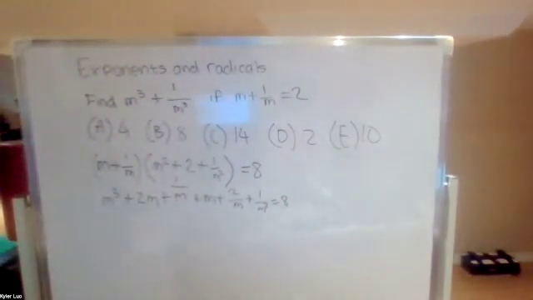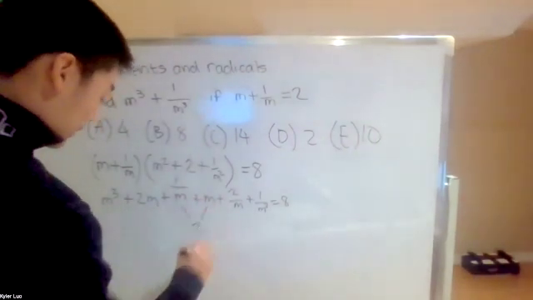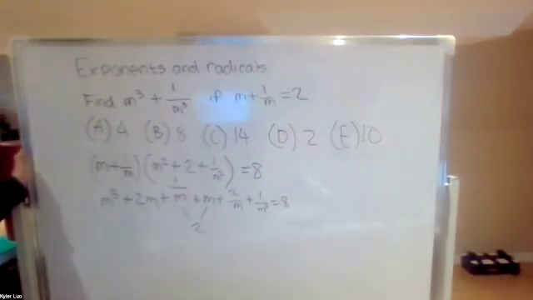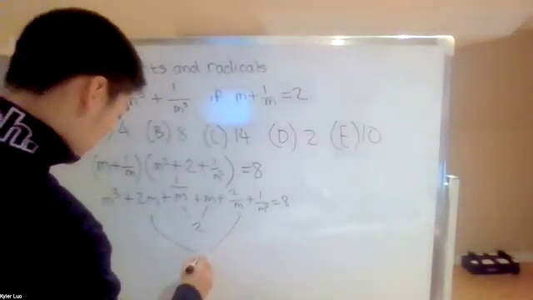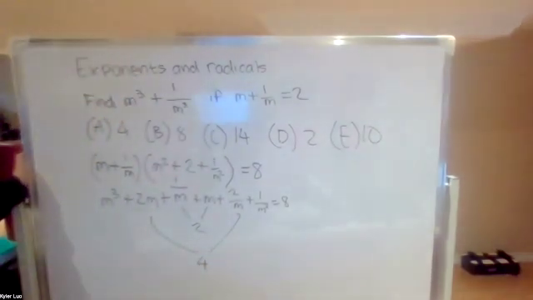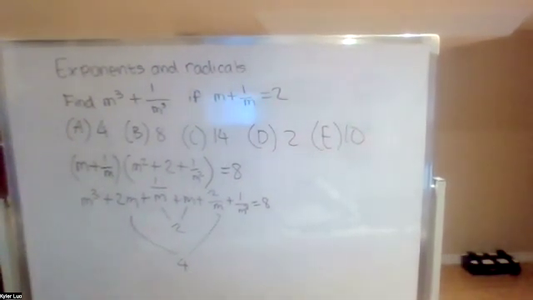And then in that equation, 1 over m plus m is equal to 2, so 2m plus 2 over m is equal to 4, because that's 2 times m plus 1 over m. So that just leaves m cubed plus 1 over m cubed, which will be equal to 8 subtract 2 subtract 4, which is equal to 2.